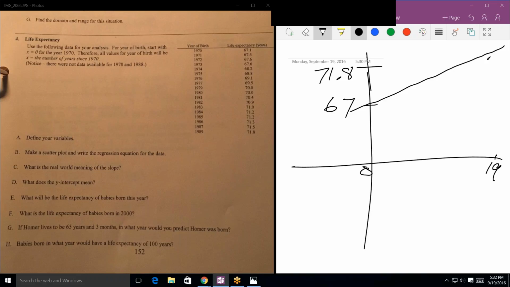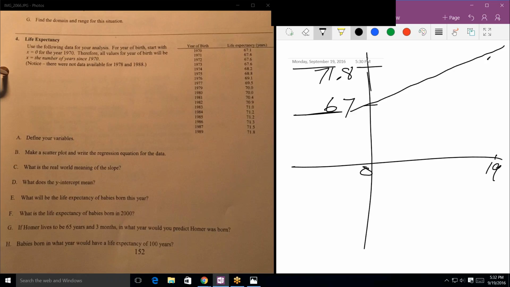Remember what slope is, rise over run, always. So your rise over run there is like 5 divided by 19, approximately your slope. What's that mean? It means the additional years you get to live for every year you were born since 1970. That's kind of the definition of slope.